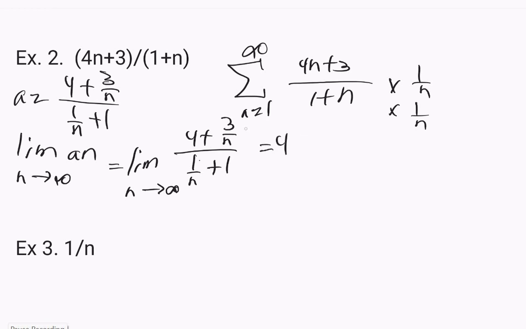So the limit of the sequence equals a specific value and is not 0. Therefore the series diverges. That's what the divergence test says: if it's not equal to 0, the series diverges.